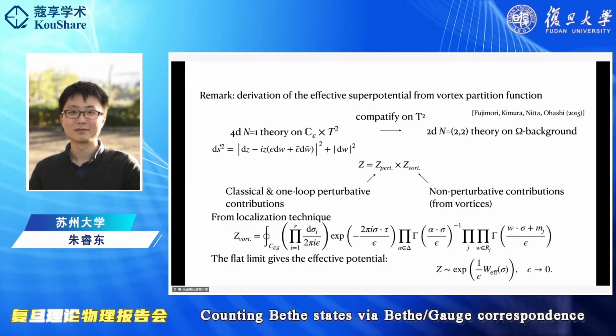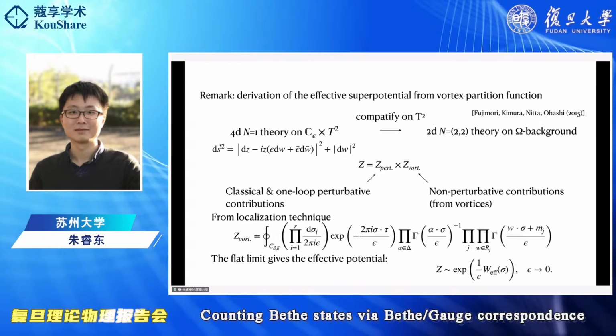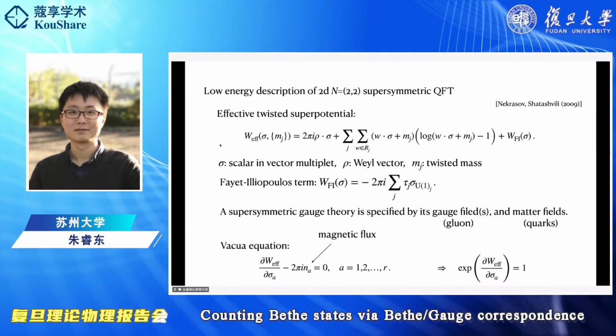For the localization technique I told you, we can get this, and by further taking some limit, this is what we usually call the thermodynamic limit of the theory. We get this effective superpotential.